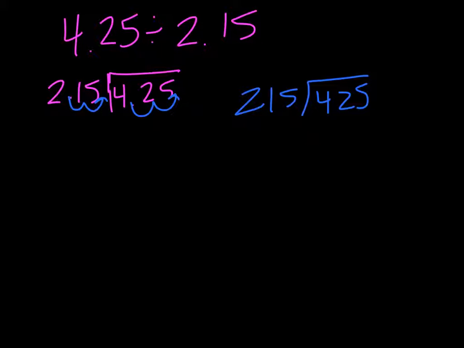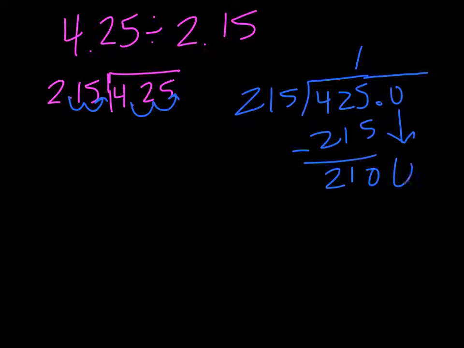215 goes into 425 one whole time, so we put a 1. 1 times 215 is 215, and then we subtract. Now we have to add a decimal, add a 0, and bring our 0 down. 215 now goes into 2100 9 times, so we'll put a 9 up top. Don't forget your decimal here. 9 times 215 is 1935, and then we subtract.